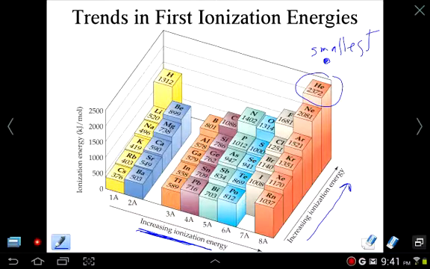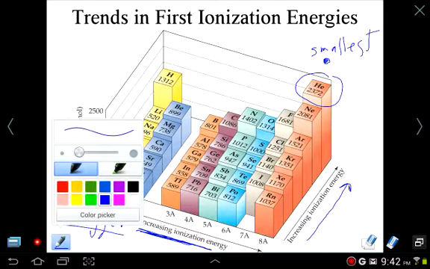And then same thing with cesium, even though we had francium down here, but we're removing the last period here. Cesium has the lowest because it is the biggest. And that's the idea. So ionization energy essentially mirrors the atomic size trends.